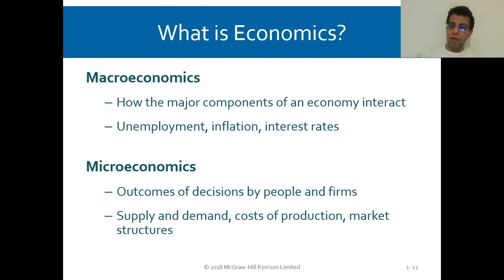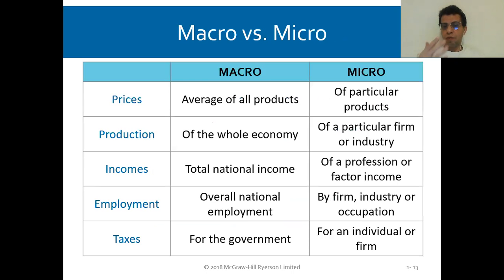So microeconomics is also based on supply and demand, the cost of production, and market structures. Let me give you a good example, if you're looking at a price. At a macro level, you take the average of all products, which is purchasing power parity or PPP.